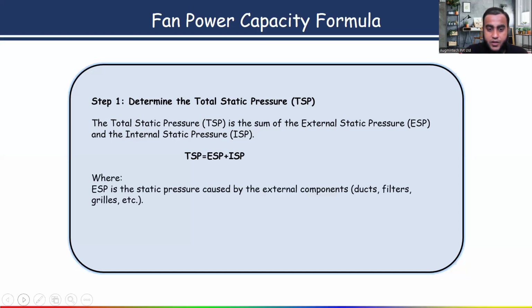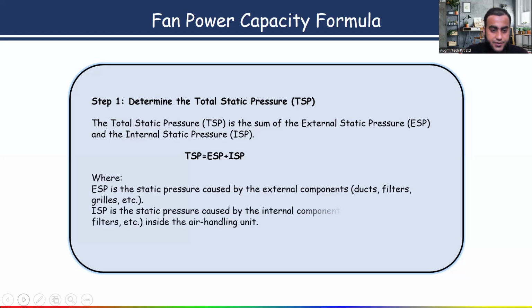ESP is the static pressure caused by external components such as duct, filter, grills, etc., and internal static pressure is caused by internal components such as dirty filters, coils, and dampers inside the air handling unit or FCU, fan coil unit. Understood this first step?